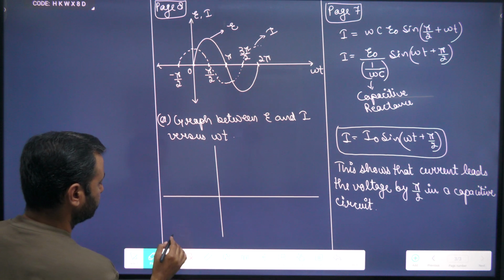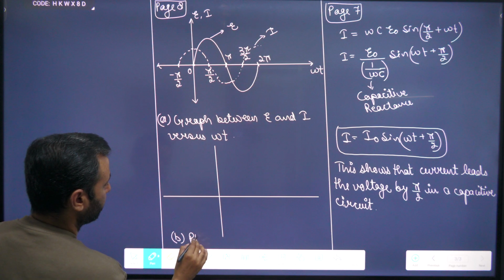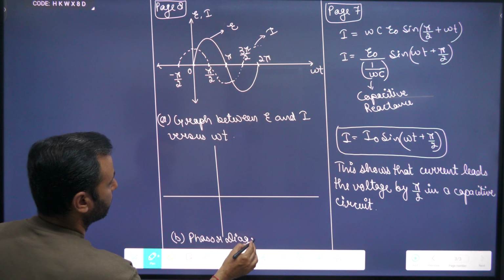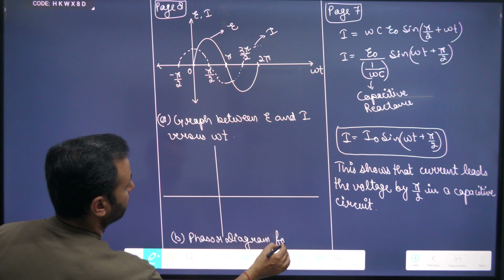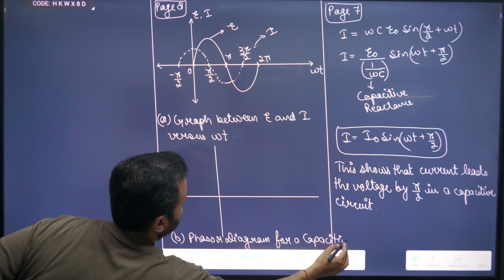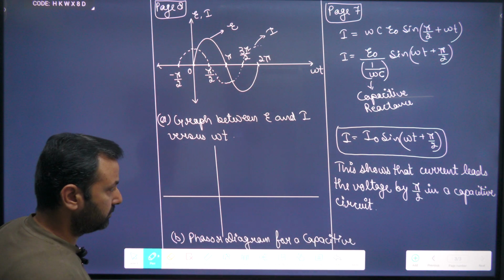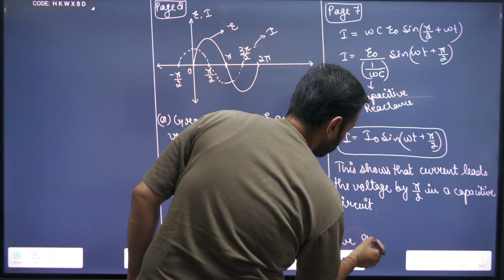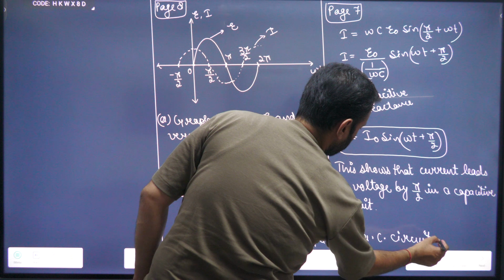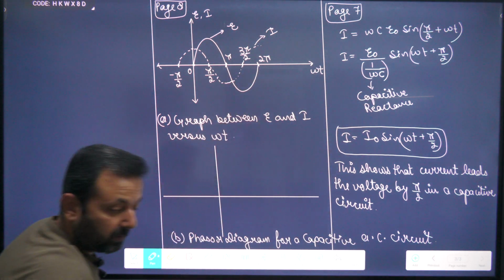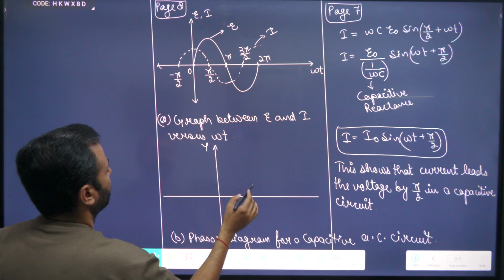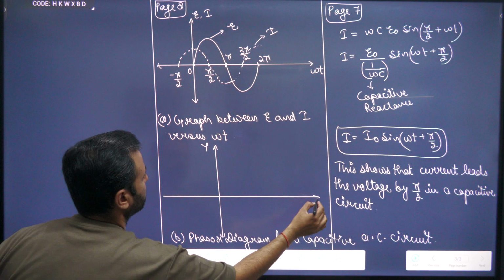In a phasor diagram we write Y on the y-axis and X on the x-axis.